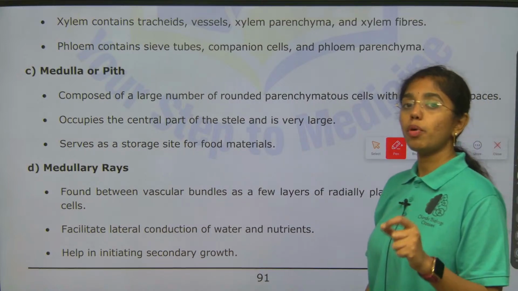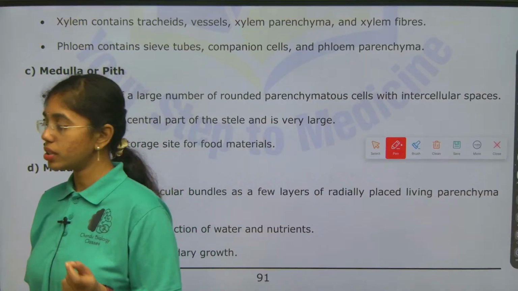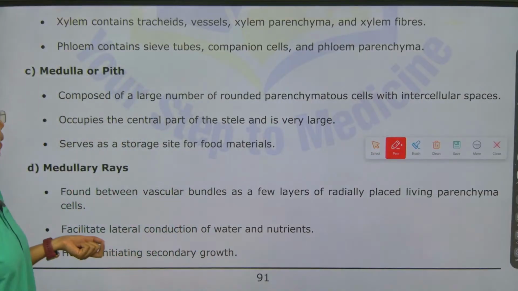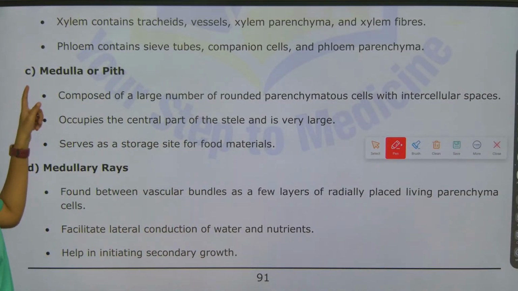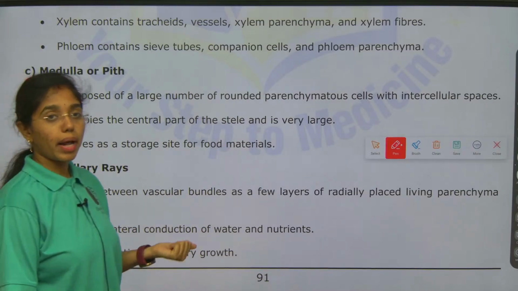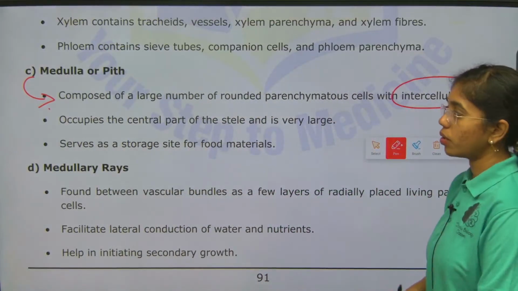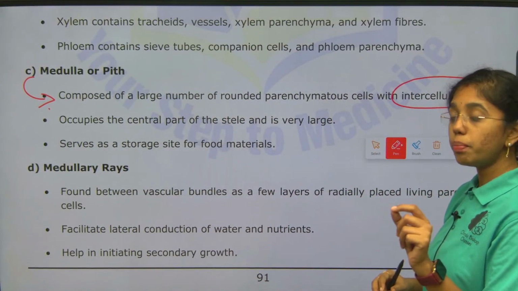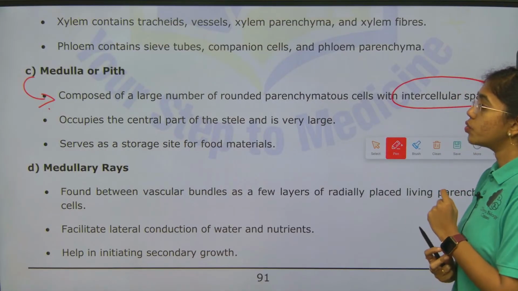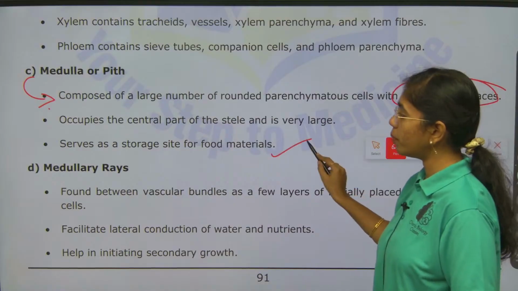Remember, the plant body is abundantly composed of which type of simple permanent tissue? Parenchymatous tissue. So the medulla or pith is composed of a large number of rounded parenchymatous cells with intercellular spaces present. This occupies the central part of the stele and is very large. This serves as a storage site for food materials.